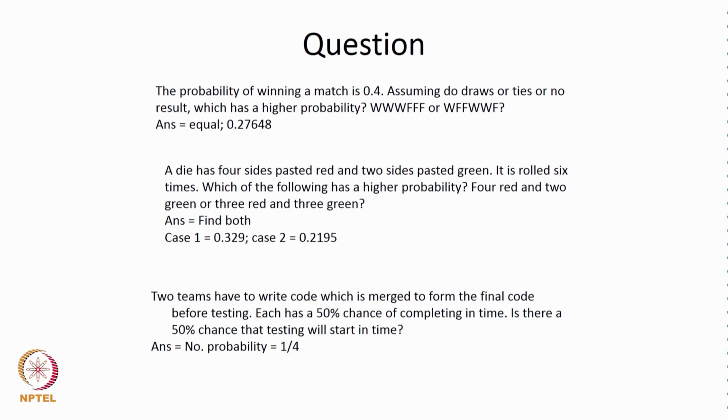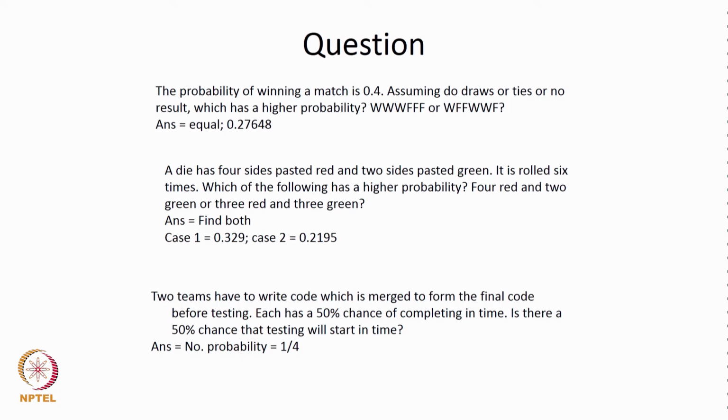So, the sequence does not matter. I think that is a big learning from this. The probability of 3 wins irrespective of the order in which they arrive is the same. So, this will be nCx p power x q to the power n minus x. So, 6C3 0.4 to the power 3 0.6 to the power 3, which works out to be 0.276.